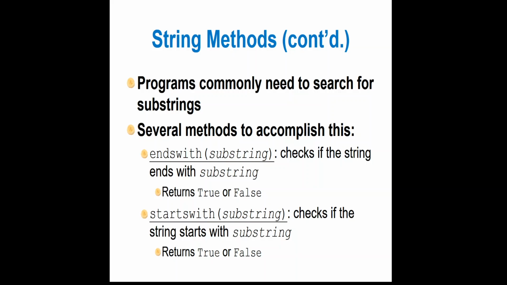So for first name you can use startswith and provide the first name or a substring that you are looking for, and it will return true if it is available. It will return false if it is not. And you can use also endswith. This is like a reverse search. We will check whether this string ends with the substring. It's not necessarily that we include white space. It's not necessarily that.